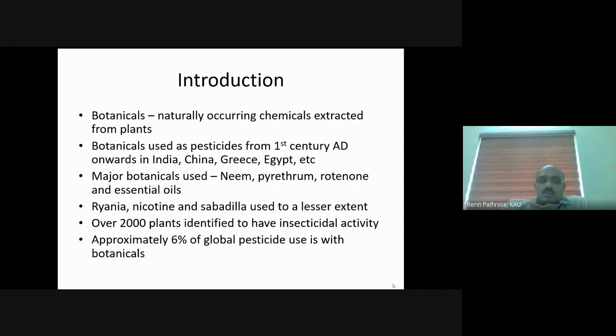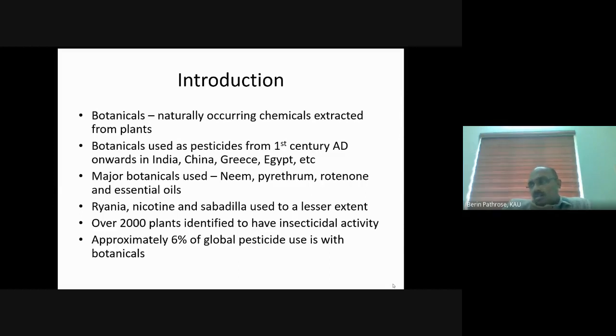But essential oils were also used previously, different centuries before, for pest management. Nowadays essential oils are gaining more and more importance among the botanical group of pesticides. Other than neem, pyrethrum, rotenone, and essential oils, ryania, nicotine, and sabadilla are also used to some extent.